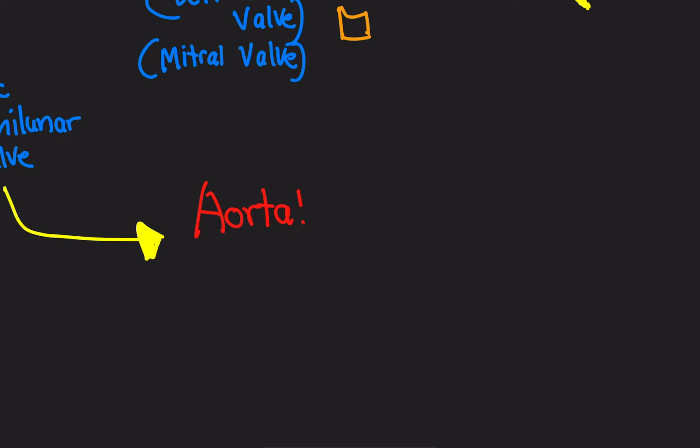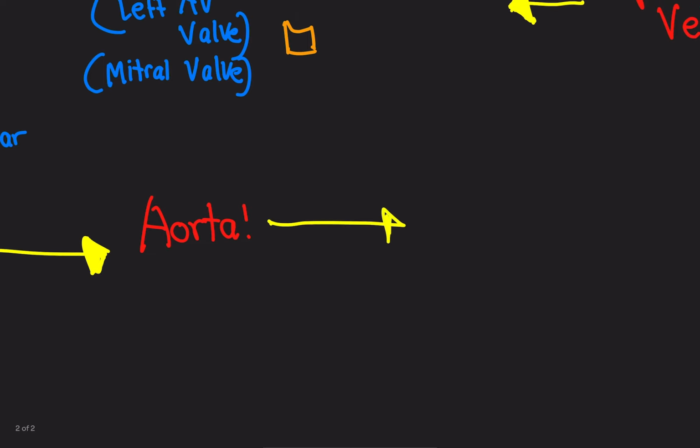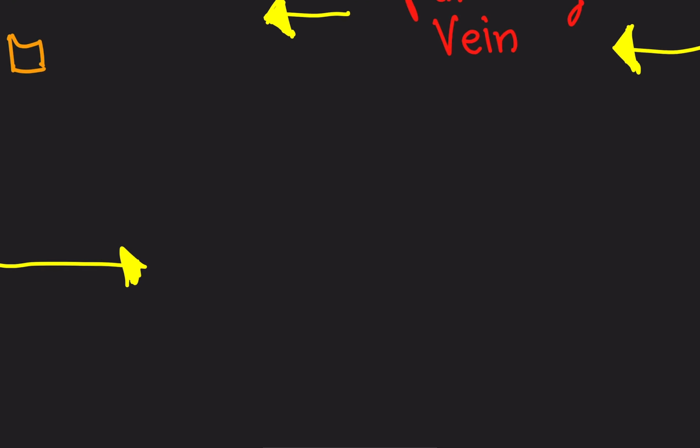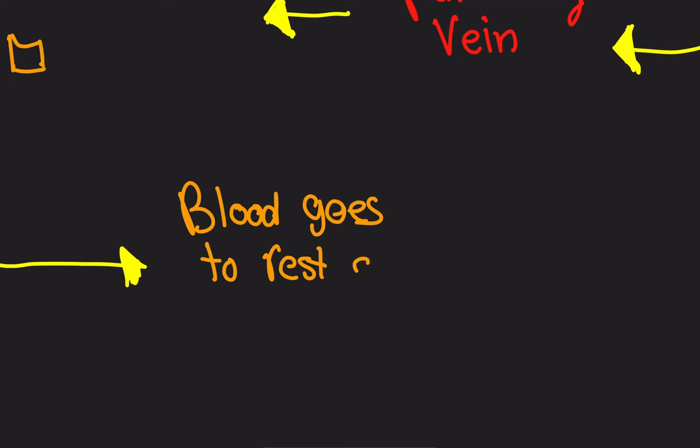And what the aorta is going to do is basically pump blood to the rest of the body. So let's say it's an organ. Let's say blood goes to the rest of the body, to make it easier, to drop oxygen.